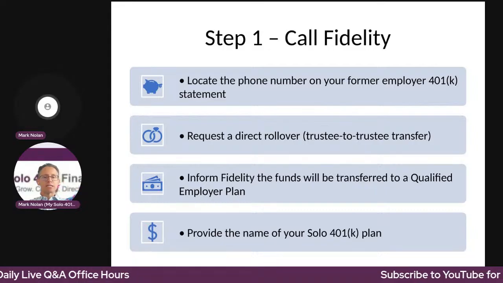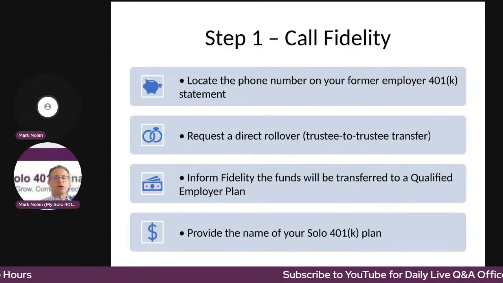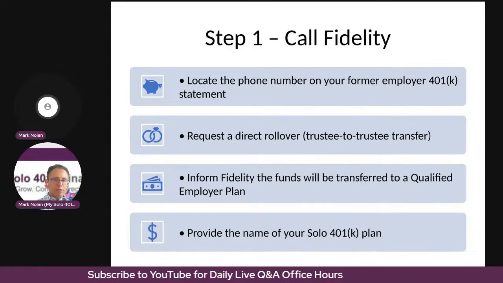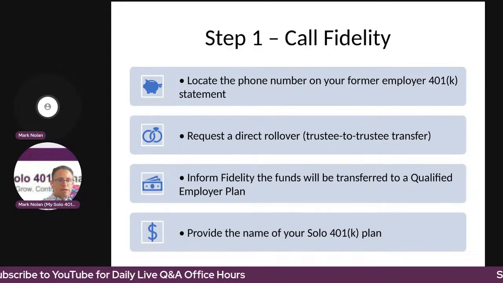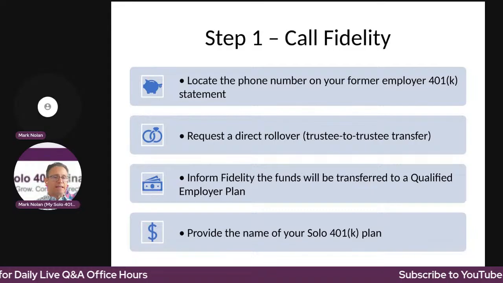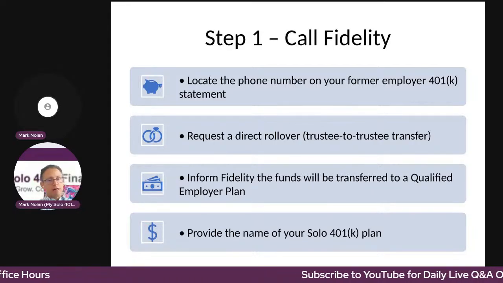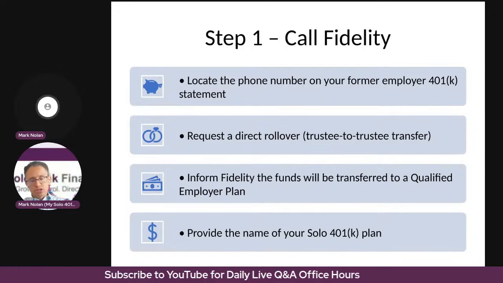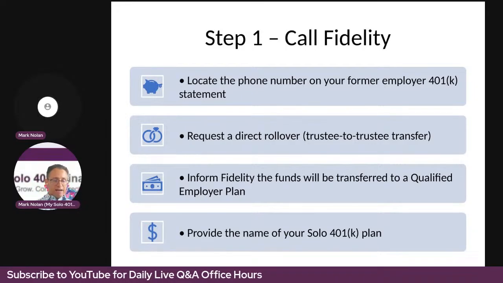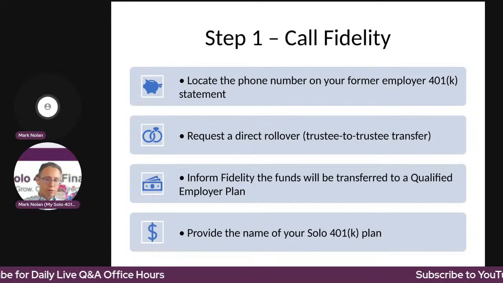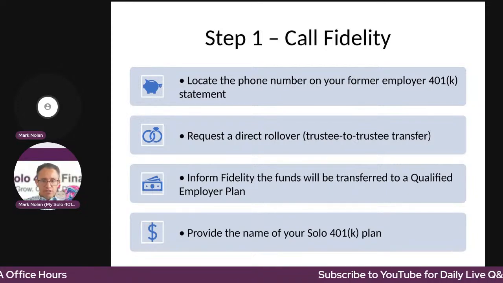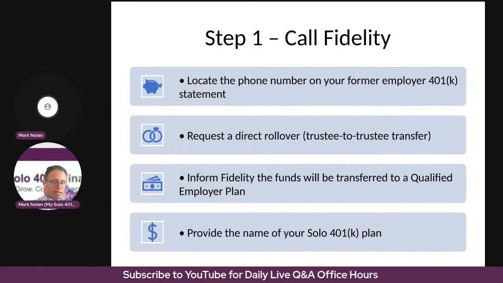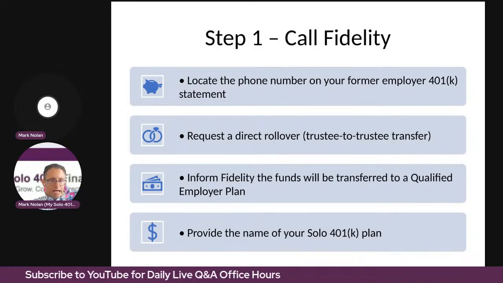So the transfer must be processed as a direct rollover, also known as a trustee to trustee transfer. This way, it'll be a reportable movement of the funds on a Form 1099-R, which Fidelity will issue, but they will issue it by listing a code G as in George in box 7 of that Form 1099-R, which communicates to the Internal Revenue Service that the movement of that former employer 401k to the solo 401k was processed as a direct rollover.